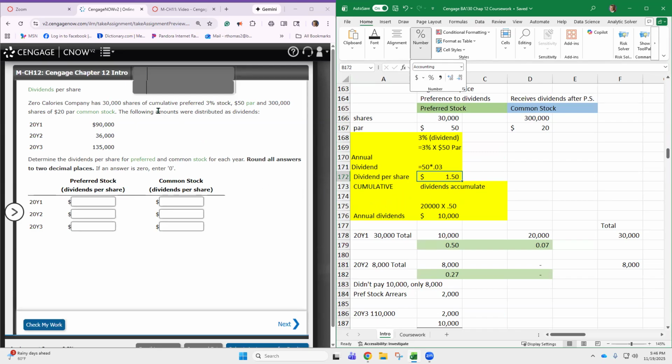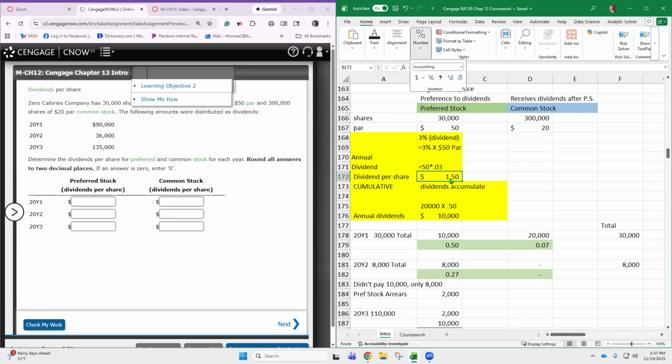Now, the fact that this says cumulative, that's a feature that's even more sought after in preferred shares. What this means is that every year, these shares of stock are supposed to get a guaranteed dividend. It's guaranteed because of this word cumulative. So what's going to happen is every year they're going to pay $1.50 to each shareholder.